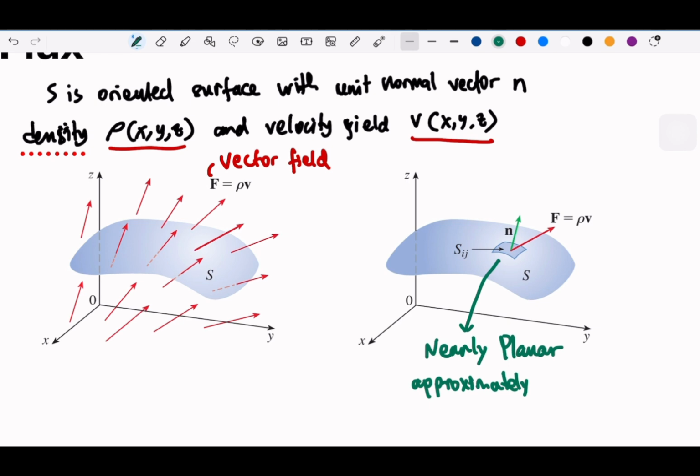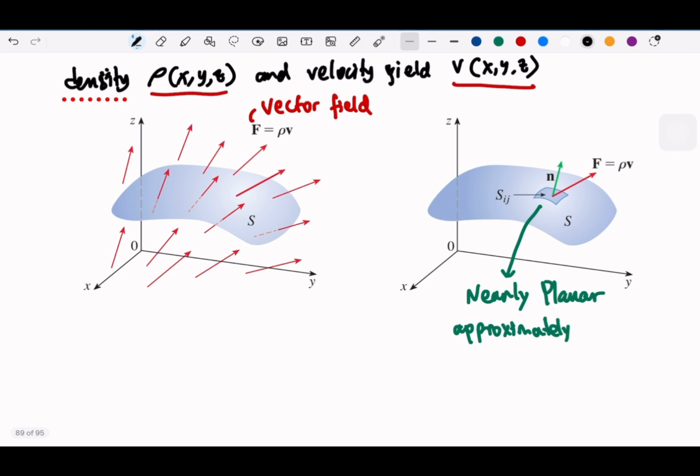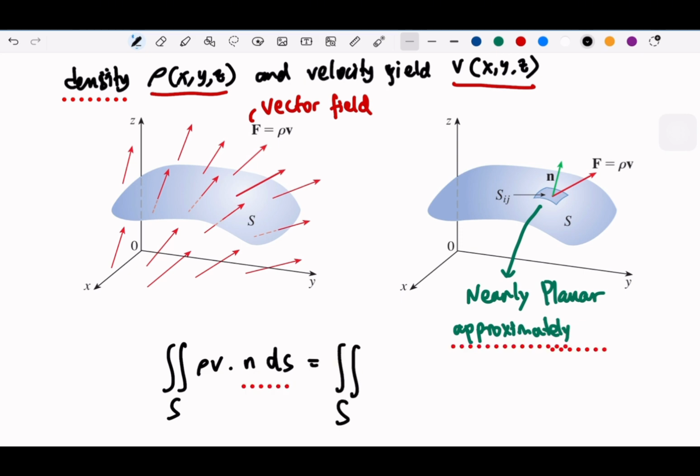If we sum all these quantities and take the limit, we get the surface integral of the vector field, x, y, z, the velocity, dot the n, dS.